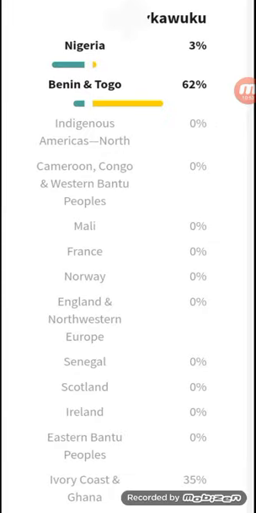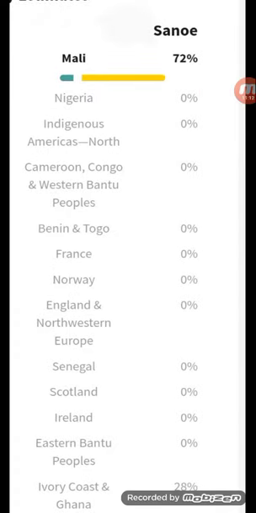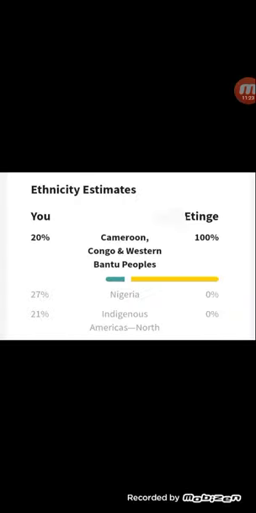This one is 62% Benin and Togo, 3% Nigeria, 35% Ivory Coast. I believe this one is from Ghana. Not totally sure. Can't remember, but I believe they're from Ghana. This one is 72% Mali, 28% Ivory Coast. I believe they're from Sierra Leone. I can't remember which tribe though.